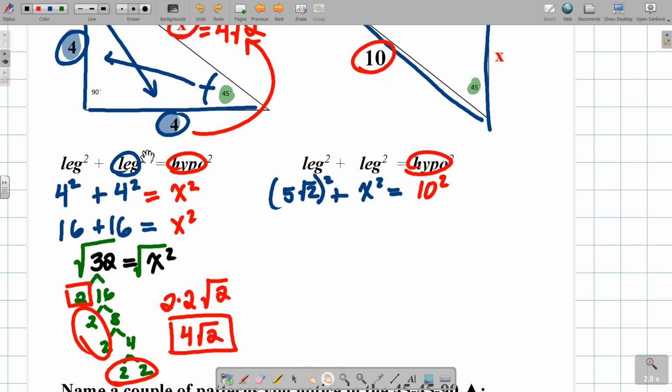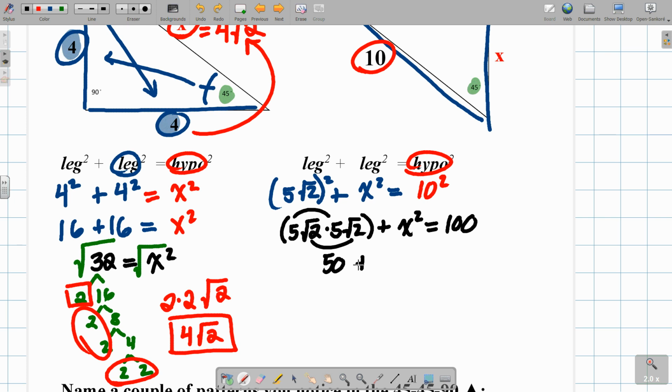Exponents, we expand. 5 root 2 times 5 root 2 plus x squared equals 100. That's 25, that's 2, that's going to be 50. Plus x squared equals 100.